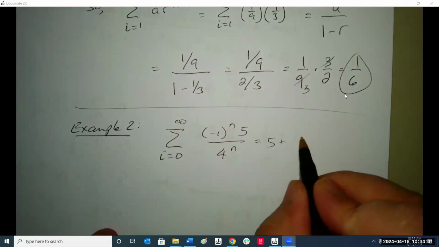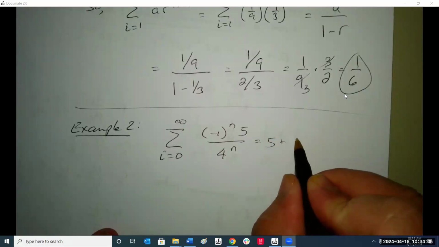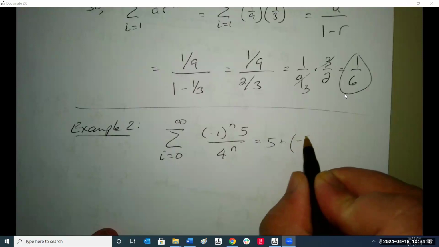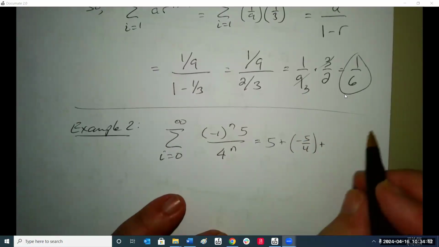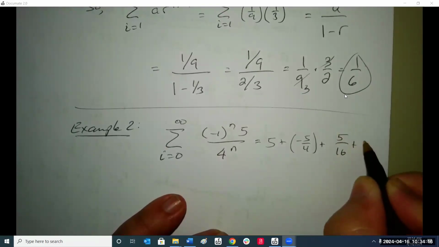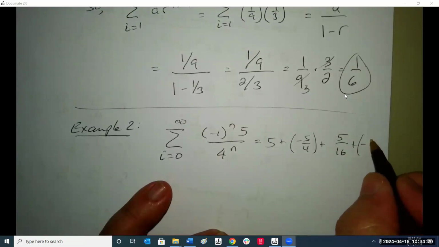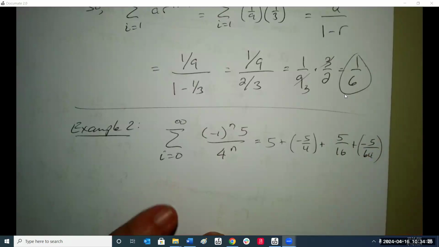When n is 1, we get negative 5/4. When n is 2, it's 5/16. Then negative 5/64, and so on and so forth. It alternates.